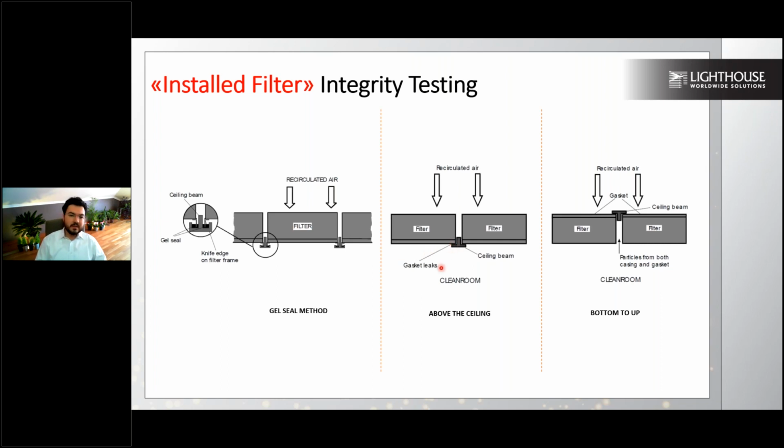In order to make a proper integrity testing, you have to understand how your filters are installed. The reason I'm saying this: if your system is installed bottom to top, you may not be able to reach directly to your gasket leakage. However, between your filters, you are going to see the particles bleeding through.